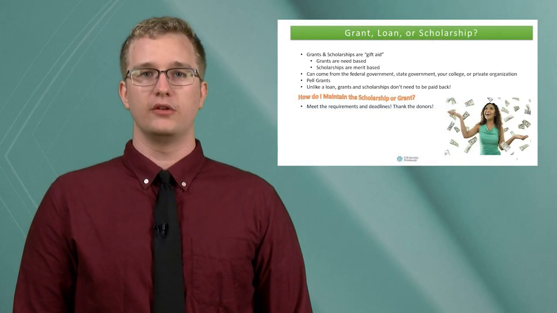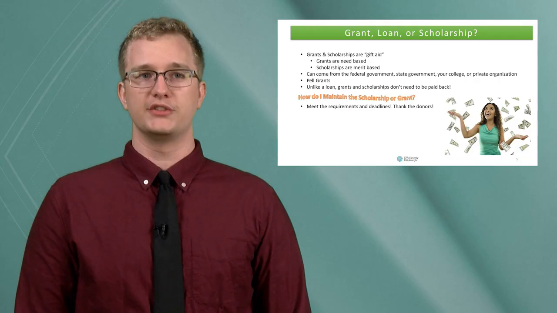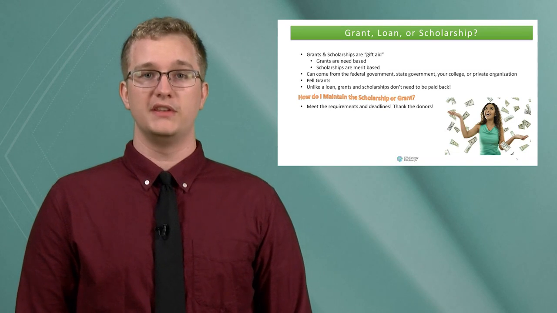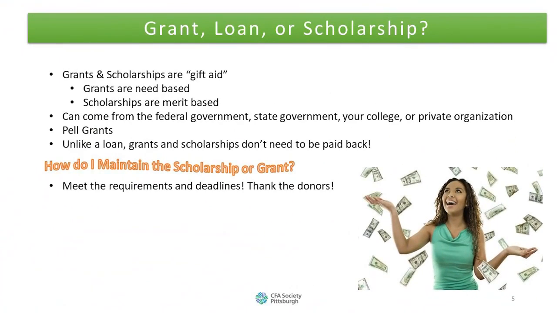Now let's take a look at grants, loans, and scholarships. First, grants and scholarships are known as gift aid. Grants are based on need, whereas scholarships are based on merit. All three types of monetary aid can come from the federal, state, or local government, as well as your own college or a private organization.